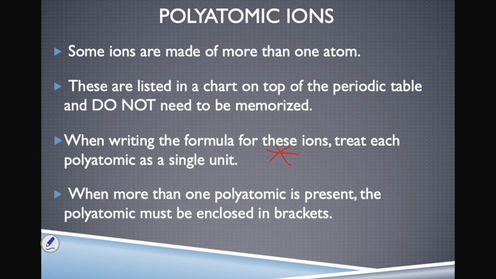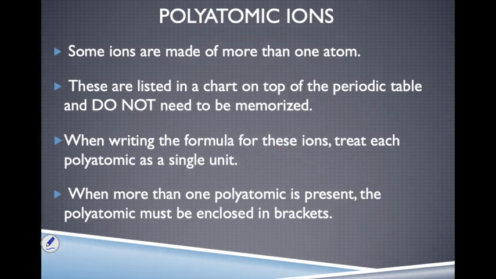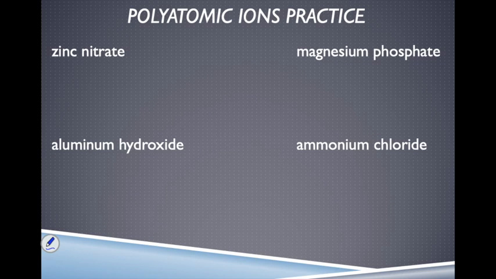And then last rule is that when we have more than one polyatomic ion present in a chemical formula, we have to enclose the whole polyatomic in brackets or parentheses. Okay, so we need to make sure that we're indicating that we have more than one of the whole polyatomic. Let's do some examples.